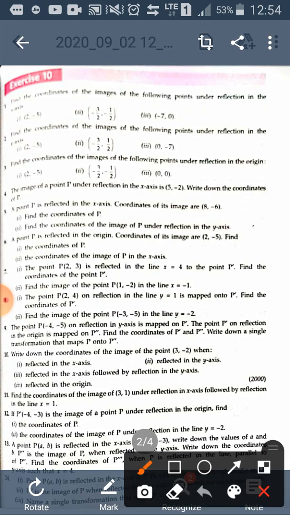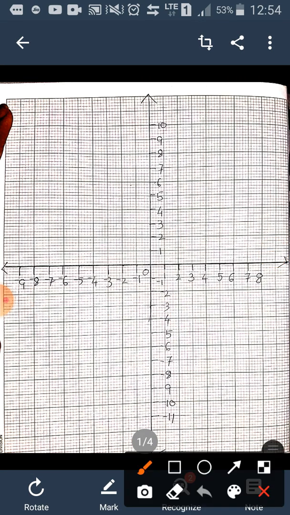Similarly, minus 7 comma 0, where is minus 7 comma 0? Minus 7 comma 0, as I said, is over here. If this gets reflected along the x-axis, then the x coordinate won't change, it will remain minus 7 only, and 0 can't change to anything, 0 will change to 0 only, so the coordinate of the reflected point will be the same, minus 7 comma 0.